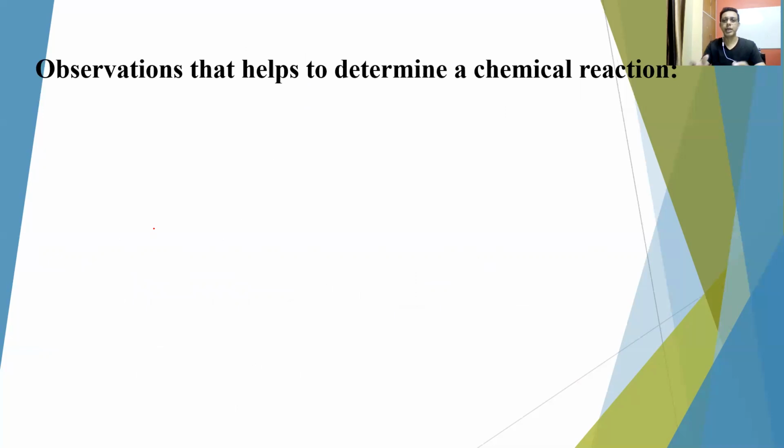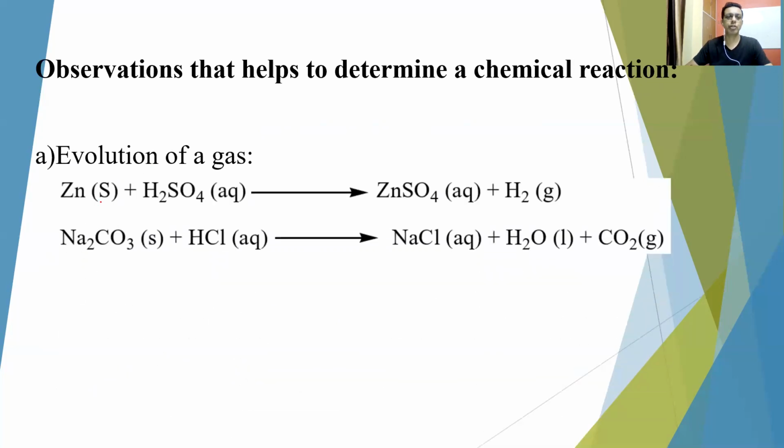Whenever a chemical reaction occurs, it will be accompanied by some physical changes also. From these physical changes, we get to know whether the reaction has taken place or not. For example, in some cases, gases are released. If you see the reaction between zinc and sulfuric acid, the hydrogen produced is a gas and will escape from the container.